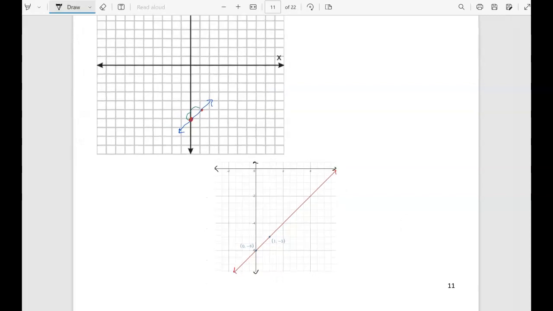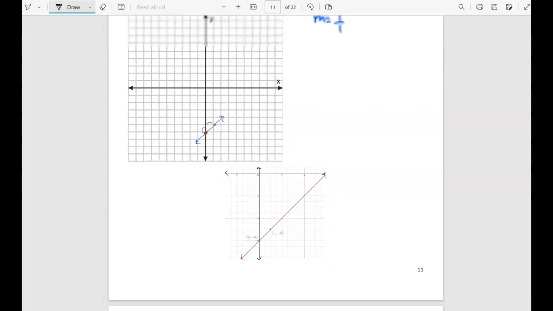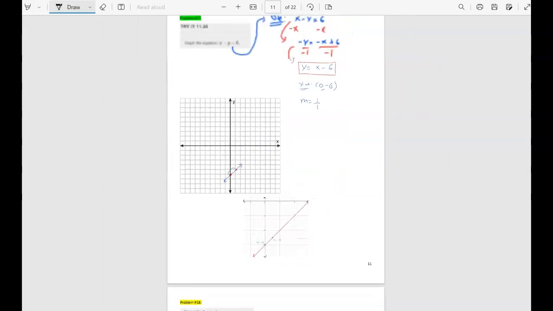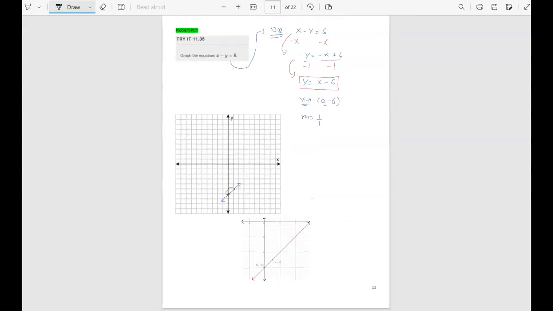Here, using technology, you can see the y-intercept 0, negative 6, and there is your 1, which the software gives me as 1, negative 5. Using the value of the slope, I'm just going 1 unit up and 1 to the right, or using the coefficient of the x's. That's it for these 2 problems. I'll put the other ones in a separate video.